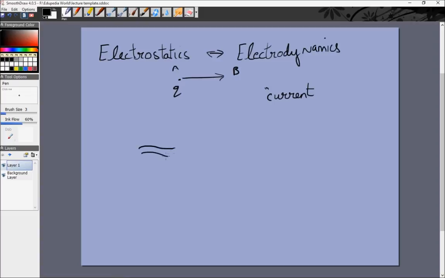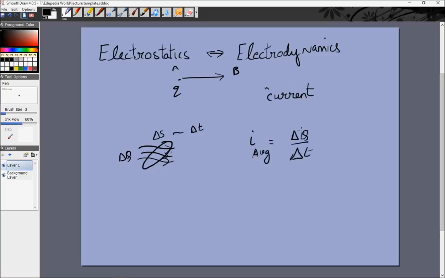If we have a certain amount of charge flowing through a certain area, let's say this is the area delta S, and delta Q amount of charge is flowing through the delta S area in a time delta t, then the average current is defined as delta Q by delta t.